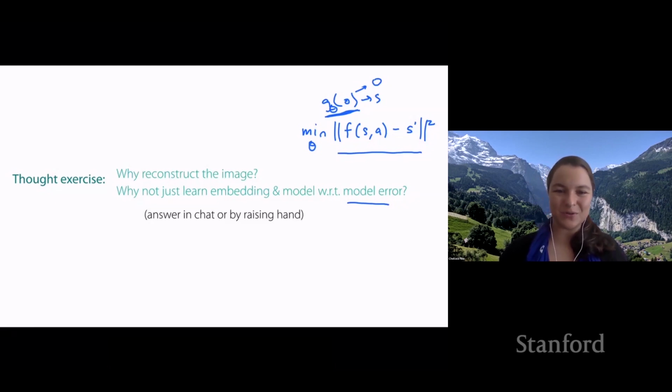And this wouldn't lead to a very useful embedding space, right? So this is why it's important to have some sort of objective to prevent this degenerate solution. It doesn't need to be reconstruction, but you need to do something that prevents the embedding from collapsing.